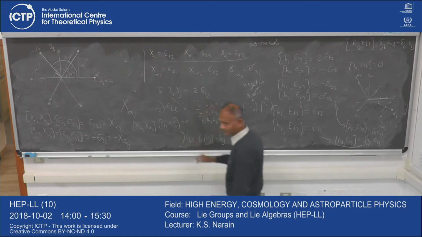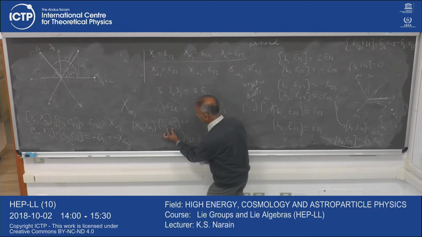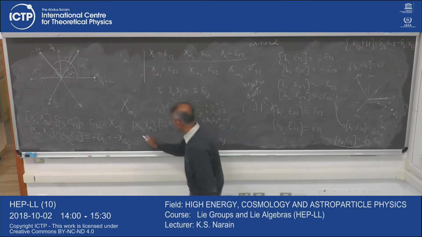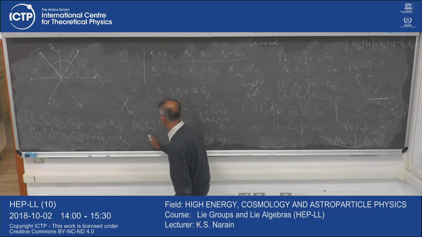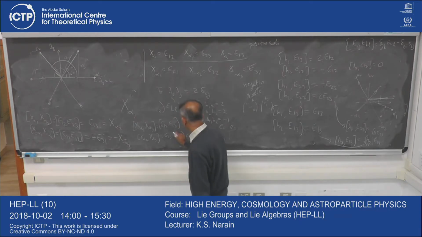This time it is 0, right? Because neither these two indices are equal, nor those two indices are equal. So both the Kronecker deltas are 0, so that's 0. Similarly, X_alpha2 with X_alpha3. This is E23 and E13, right? Again, this is 0.